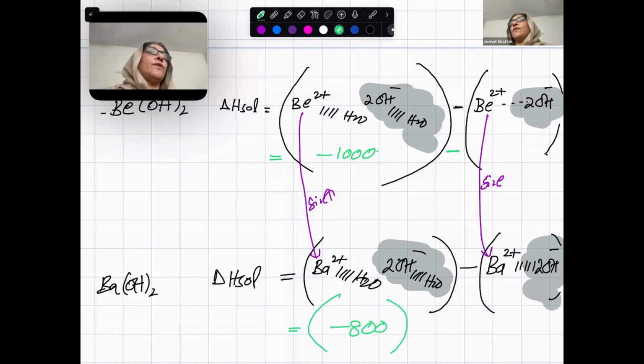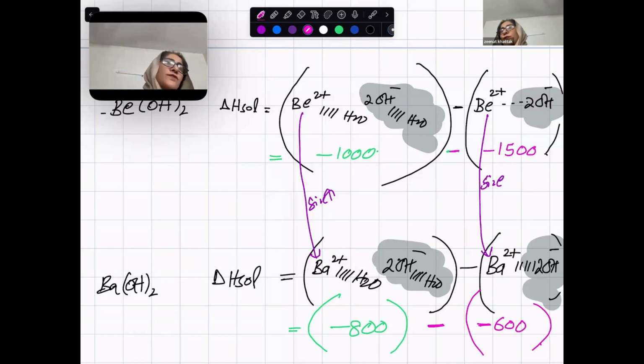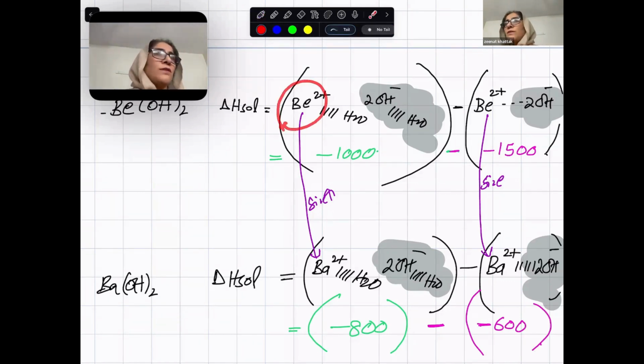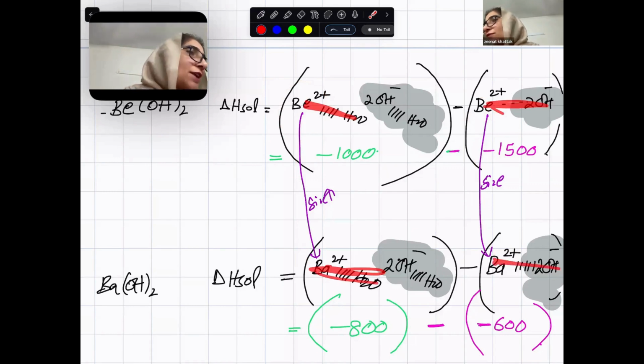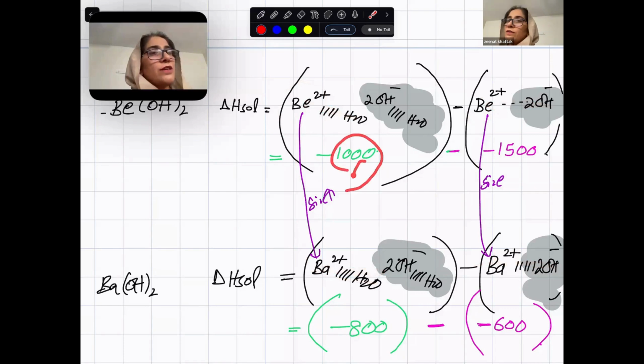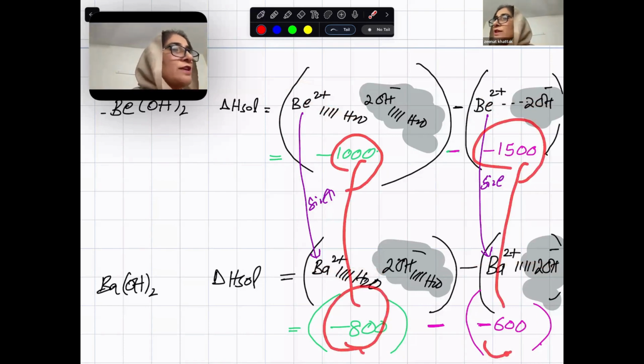And it is minus 1,500. And this decreases, and it becomes how much? Suppose minus 600. For instance, now what you can see? The size increases, attractive forces strong and strong, weak and weak, decrease, decrease.